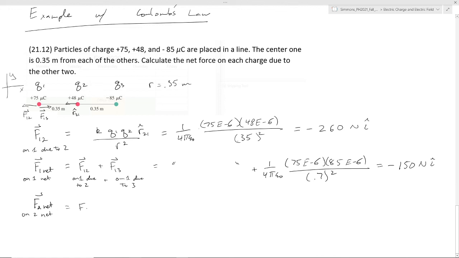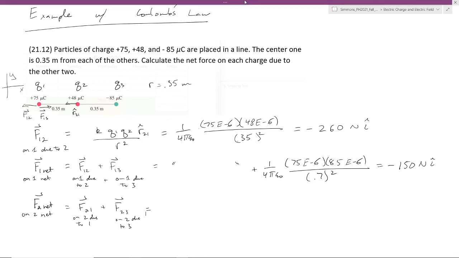Well, that will be the force on 2 due to 1 plus the force on 2 due to 3. I won't put these little notes under the subscripts. I just wanted to be very explicit with it initially to get you started, and as we go forward, we'll get a little more sparse with our notation.